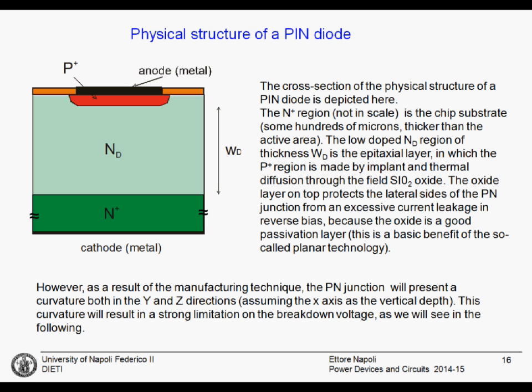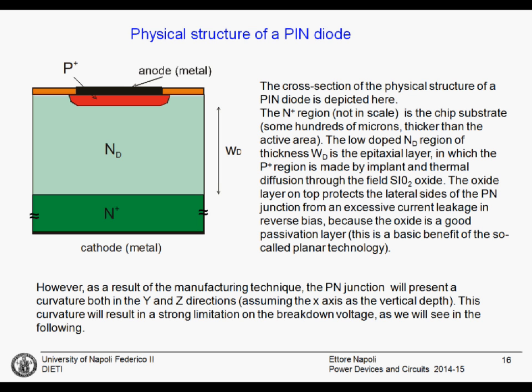But if we think of this structure in 3 dimensions, we see that this window is not a linear window, but it is a rectangular or square window. And in the corners, the diffusion of the dopant is 3-dimensional and will have a spherical curvature. This is a problem for the breakdown.